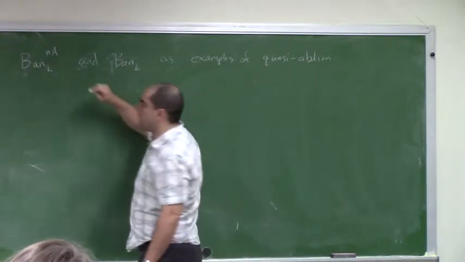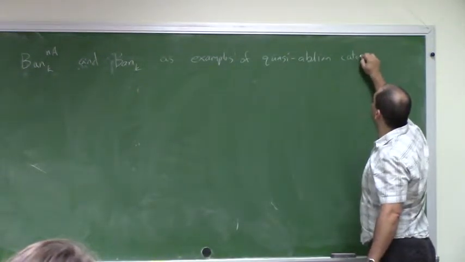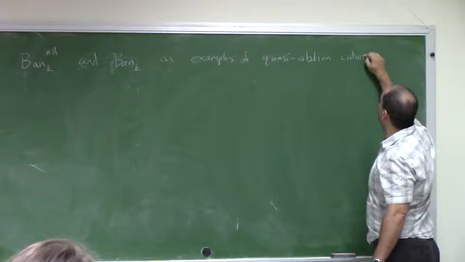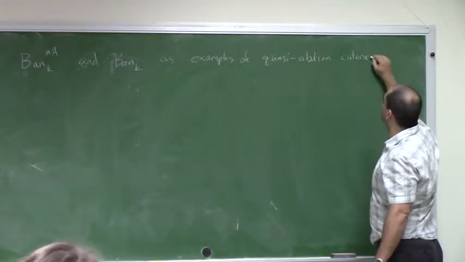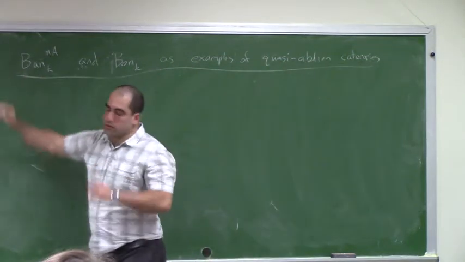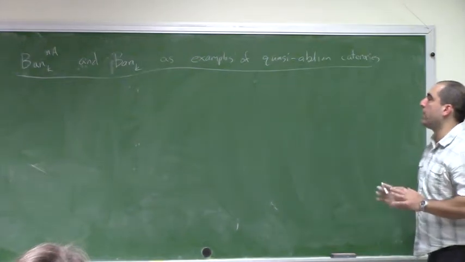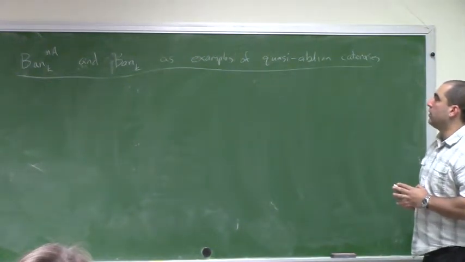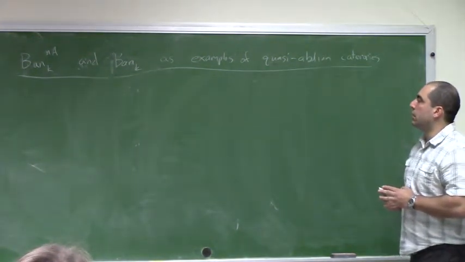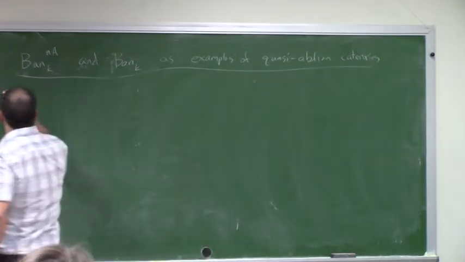So let me give some idea of what that means. This is a feature of a category: a category is either quasi-abelian or not. That's similar to abelian. I'm talking here about additive categories with finite limits and colimits. So let me make a definition.